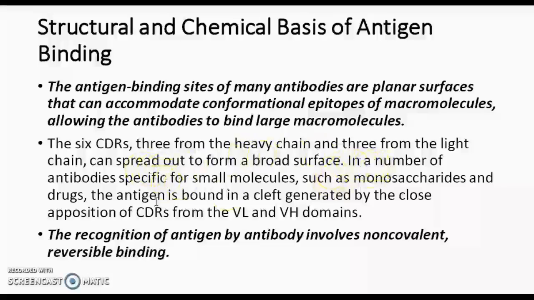In a number of antibodies specific for small molecules such as monosaccharides and drugs, the antigen is bound in a cleft generated by the close apposition of complementarity determining regions from the variable light and variable heavy domains.